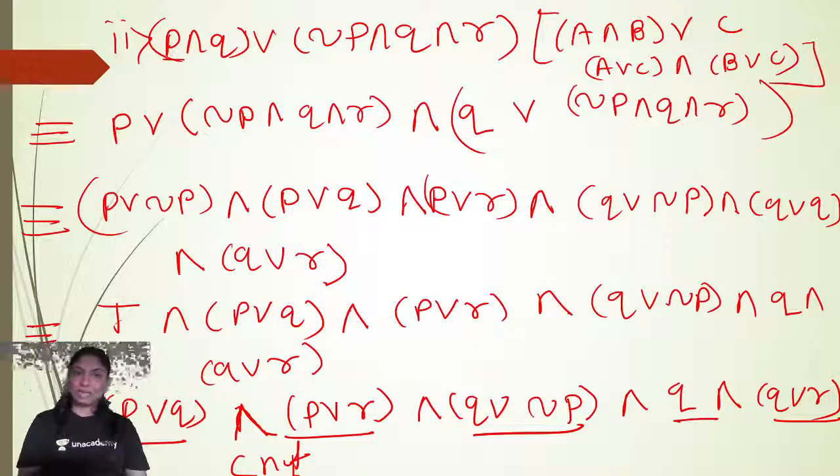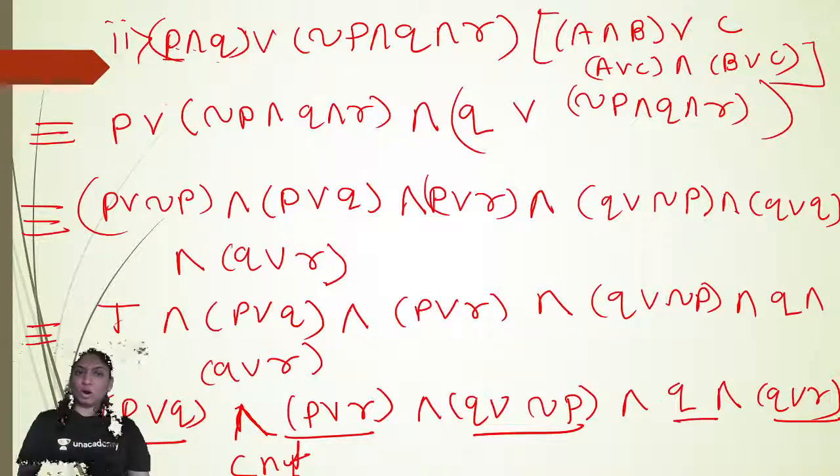In exactly a similar way, suppose this is your A, this is B, A and B or C. So you can write A or C and B or C.